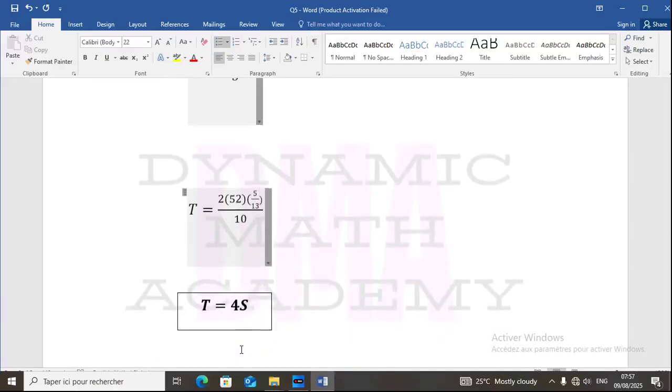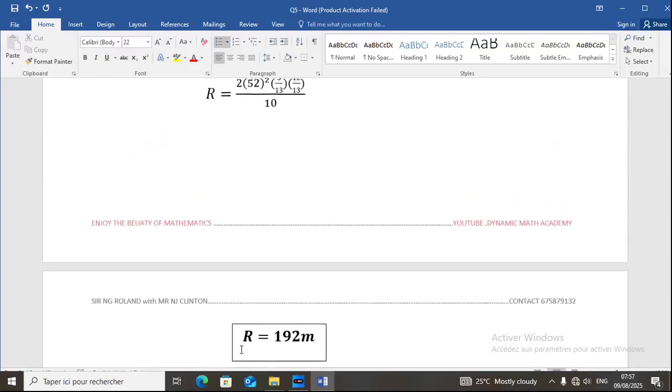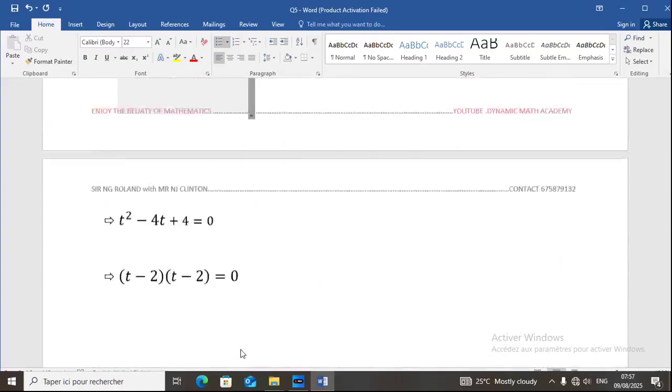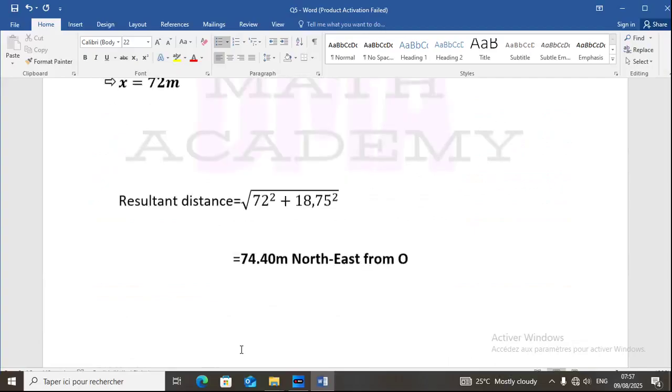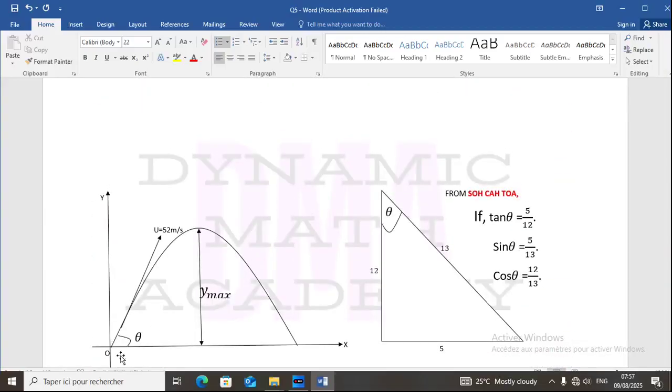And if you do that, we're going to have 4 seconds. So it simply means that the particle took 4 seconds to go through this part, from here to here.